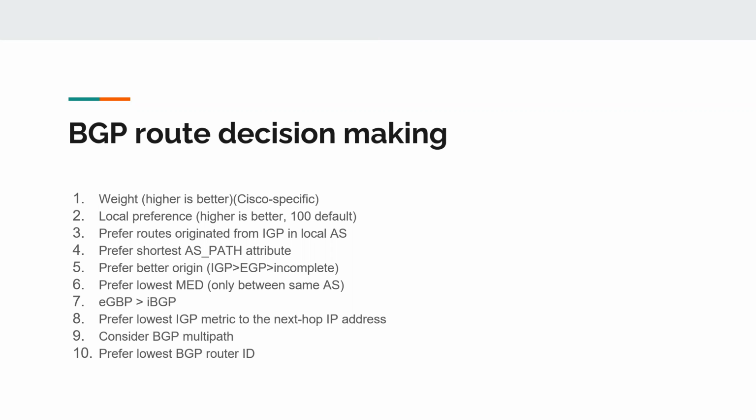And the eighth shows the lowest IGP metric to the next hop IP address is preferred. The ninth shows that given BGP multipath, the minimum one is preferred. And for the tenth, the lowest router ID is preferred.